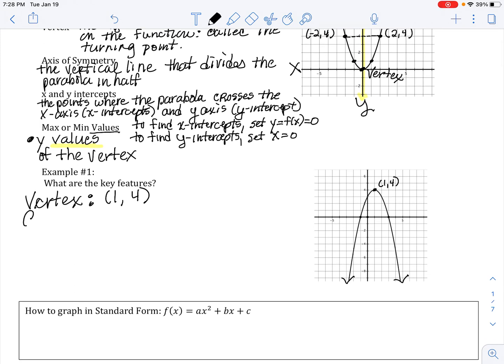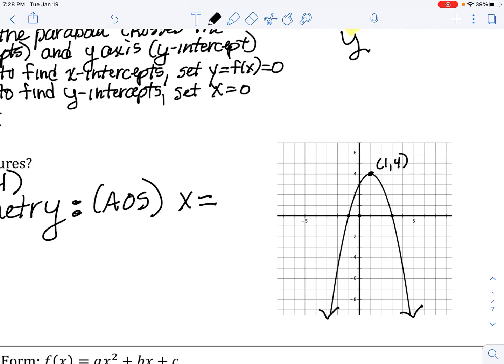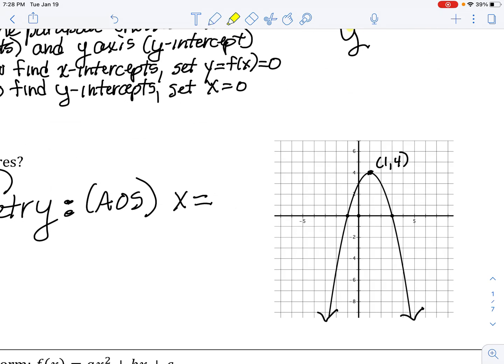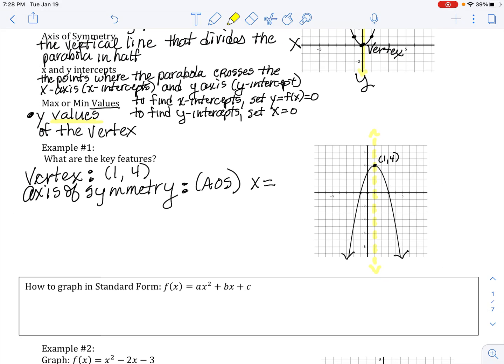Okay. Axis of symmetry. Now, stated up above, the axis of symmetry is a vertical line. You might also see it listed as AOS, just using the capital letters. Vertical lines in algebra are named x equals the x value. So let me go ahead and draw in my axis of symmetry. I'm using yellow. Notice I'm using a dashed line. You can dash, you can make it solid.